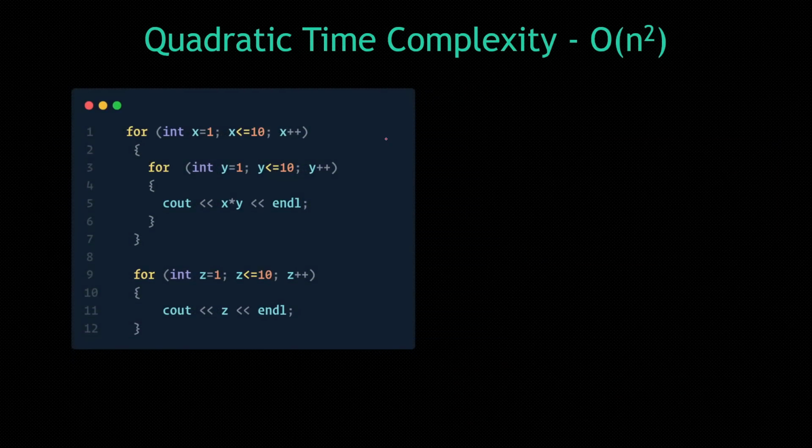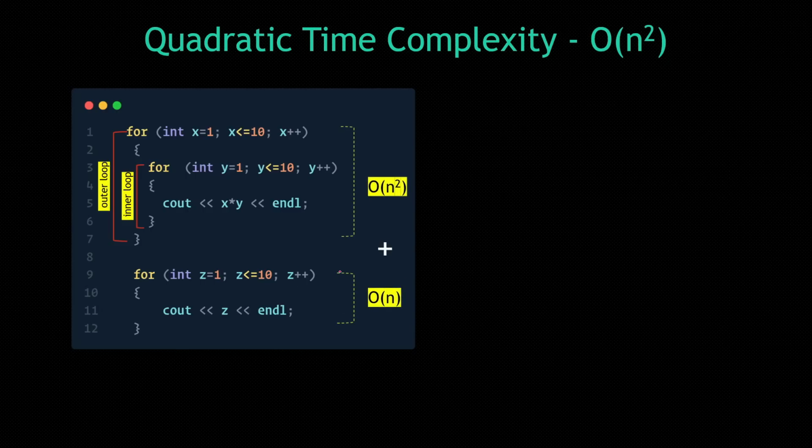Here is another example of quadratic time complexity O(n^2). So this is a nested loop and this is a simple for loop. For the inner loop we know the time complexity is O(n), and for the outer loop O(n). For each outer loop there is an inner loop of O(n). So the time complexity will be O(n^2).